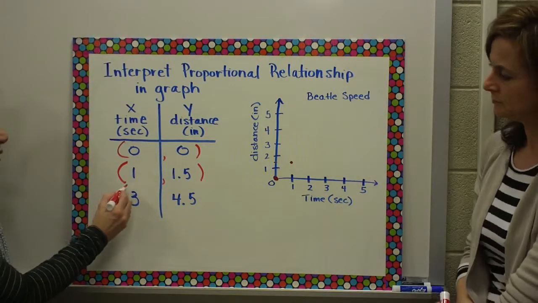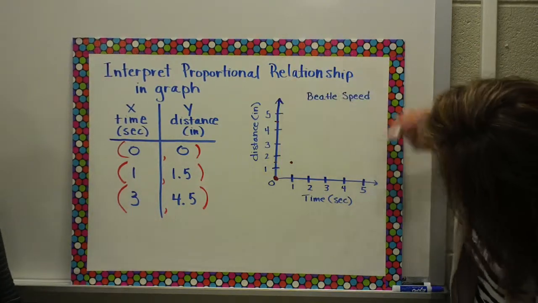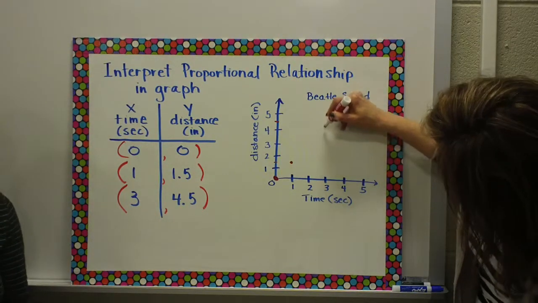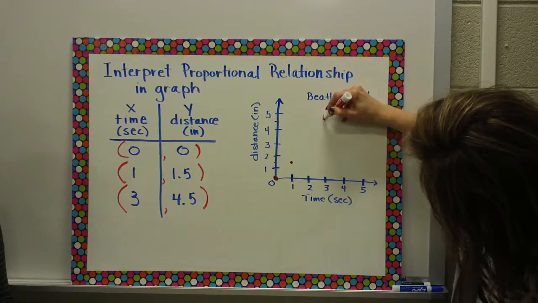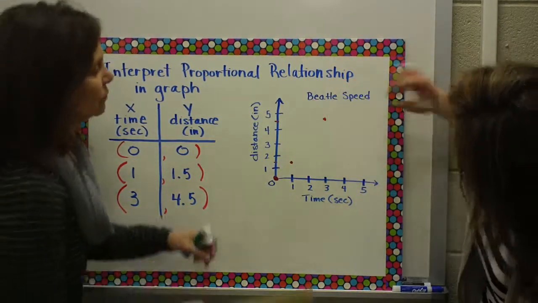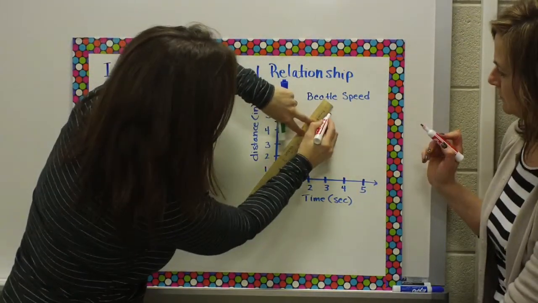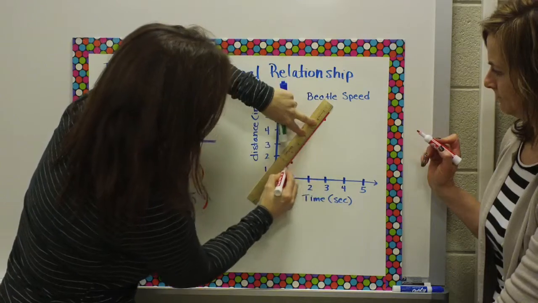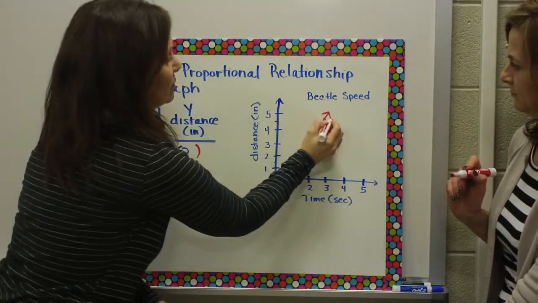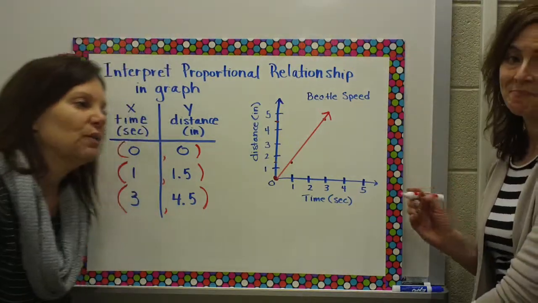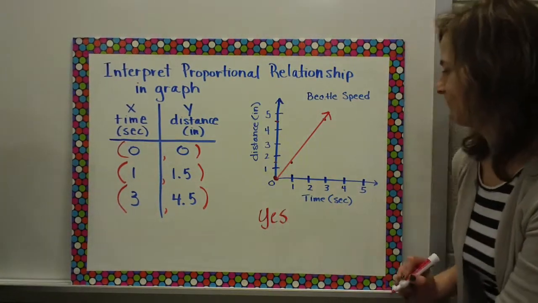And our last ordered pair is 3, 4 1/2. I'm going to do the same thing. And when I put down a ruler, it goes through all of them, so that means we also have our second requirement, which is a straight line. So we have a proportional relationship because it goes through the origin, and we have a straight line.